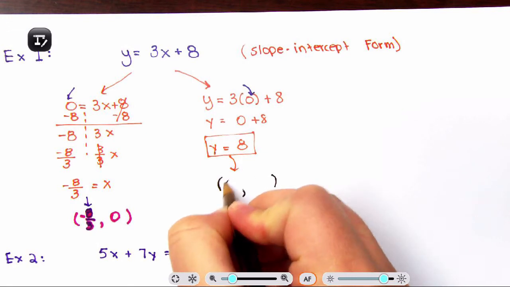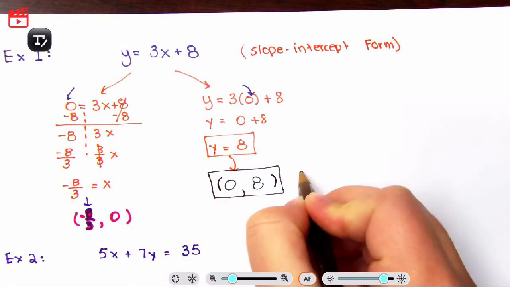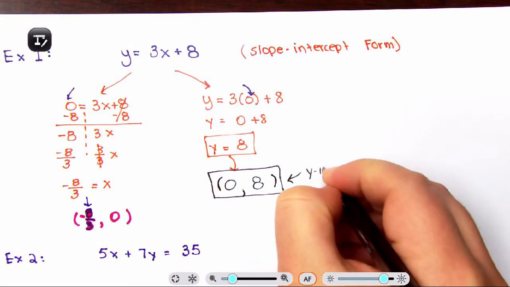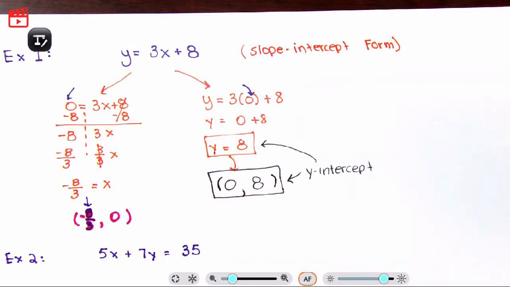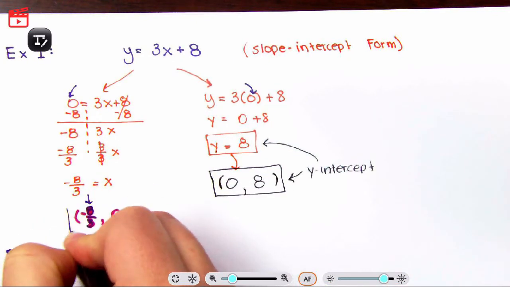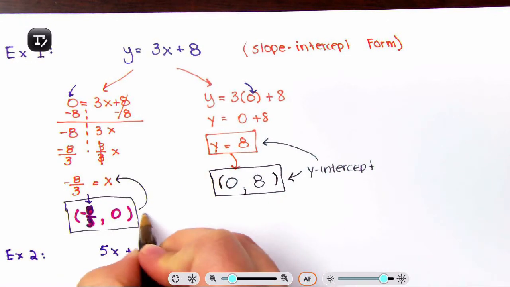So here, x is going to be 0, y is going to be 8. And then this is our intercept. This is our y-intercept because I have the value of y. And this is our x-intercept because I have the value of x.